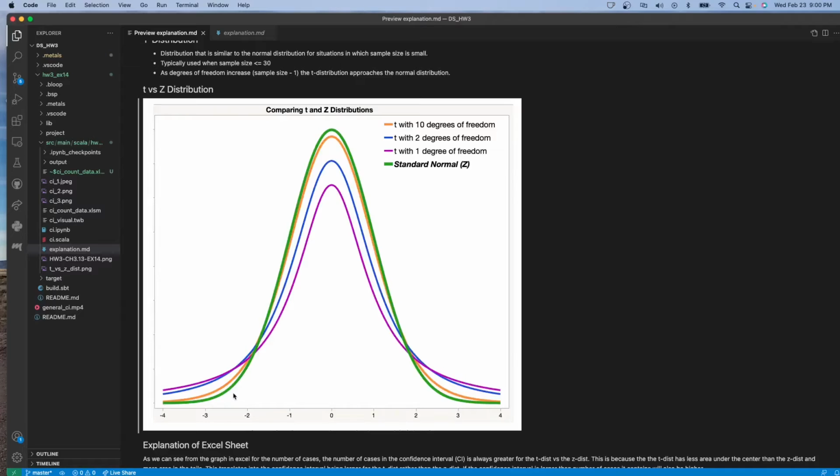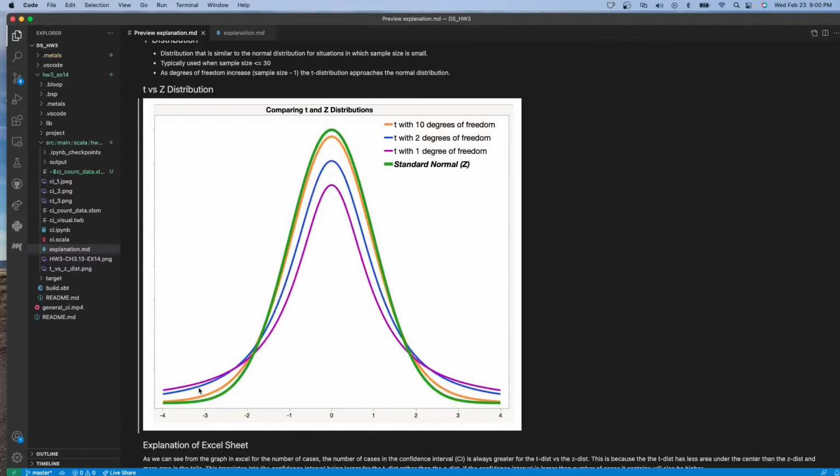What we talked about earlier is that the 95% confidence interval means that 95% of the area has to be in between the two bounds that we make. If we have less area in the middle and more area out towards the edges, then for the T distribution the confidence interval is going to widen.